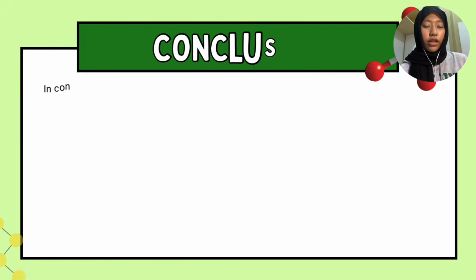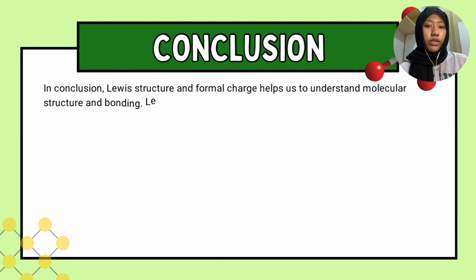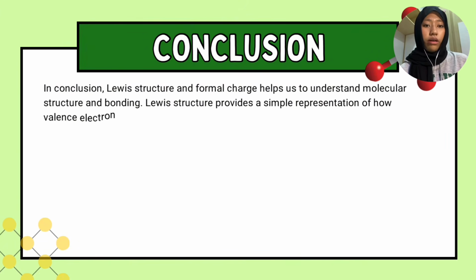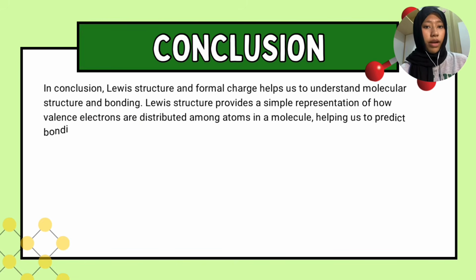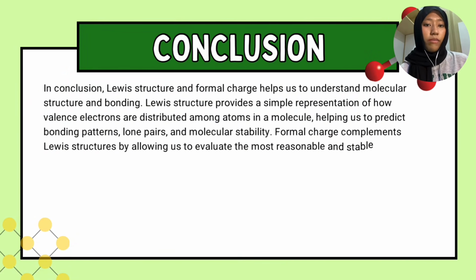In conclusion, Lewis structure and formal charge help us to understand molecular structure and bonding. Lewis structure provides a simple representation of how valence electrons are distributed among atoms in a molecule, helping us to predict bonding patterns, lone pairs, and molecular stability. Besides that, formal charge complements Lewis structure by allowing us to evaluate the most reasonable and stable arrangement of electrons within a molecule.